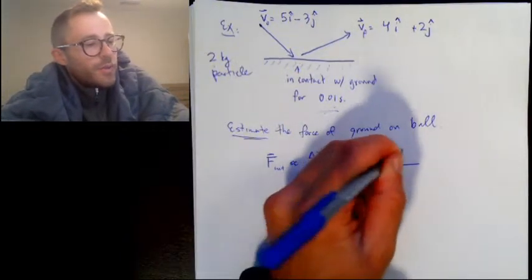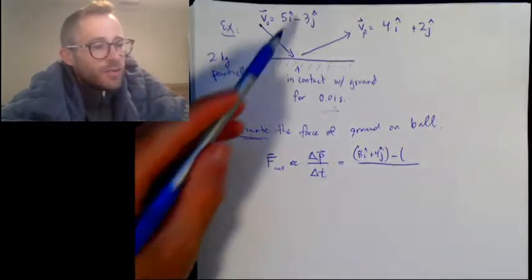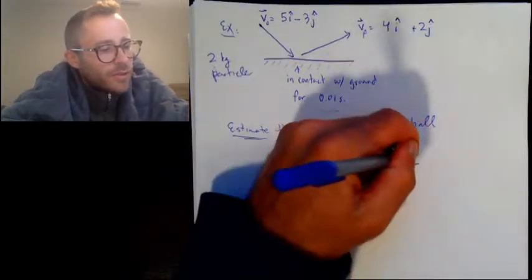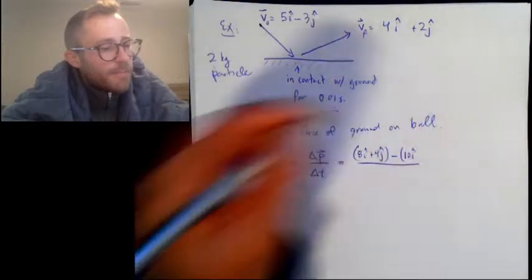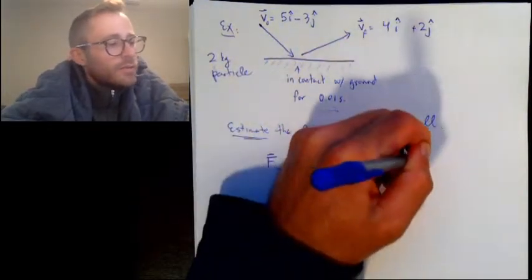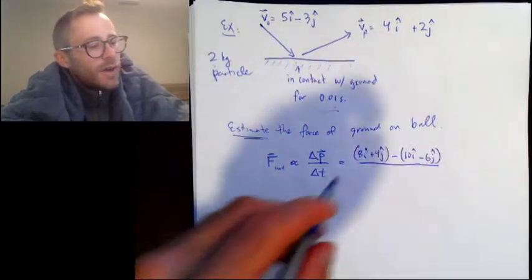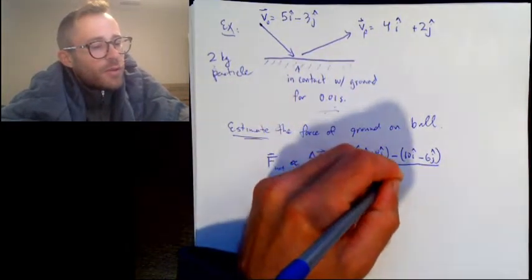The initial momentum is going to be 2 times the initial velocity, so that's going to be 10i minus 6j. And then we're going to divide that by time, so divided by 0.01.